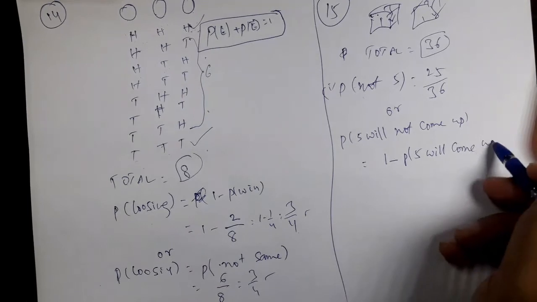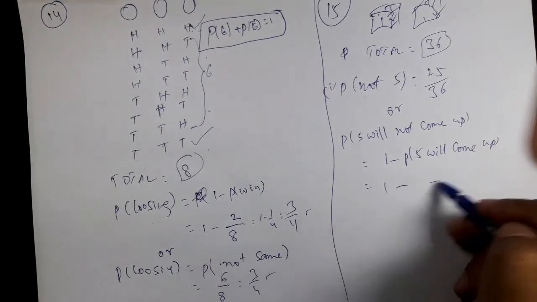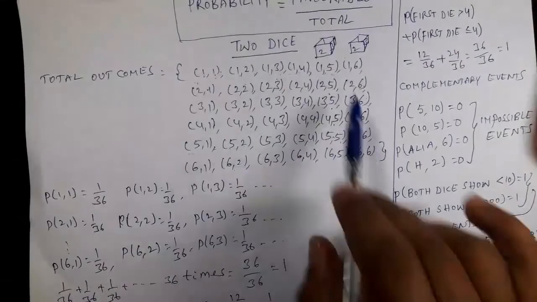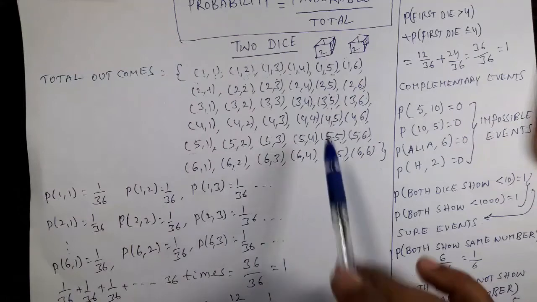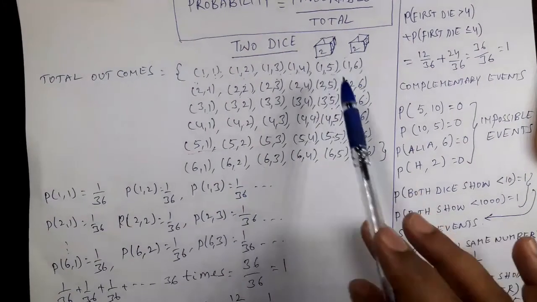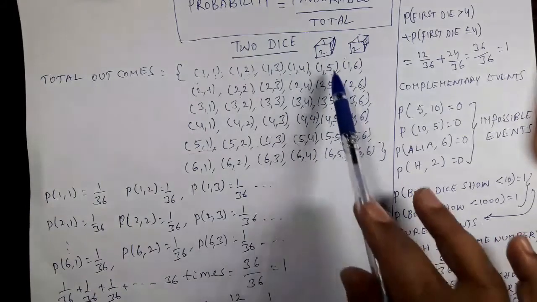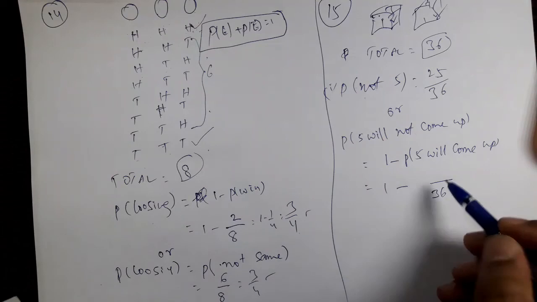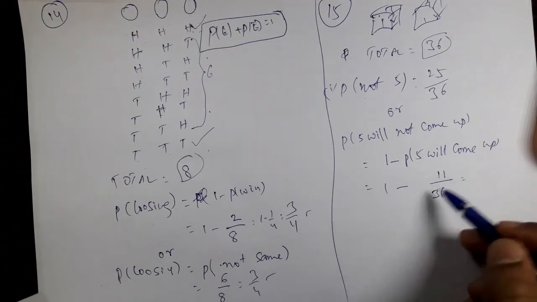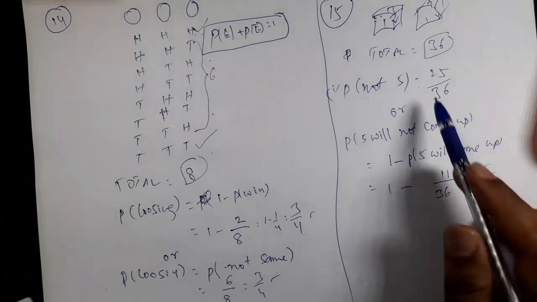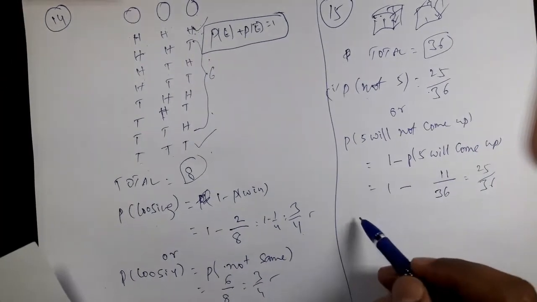What is the chance that 5 will come up? The denominator is 36. Of these 36 cases, how many give you 5 in at least one of the dice? We have seen this: 6 plus 5, 11 cases are favorable here. So this is 1 minus 11 by 36, that is also 25 by 36. The same question can be solved like this also.